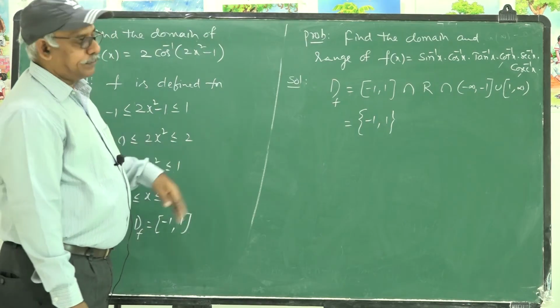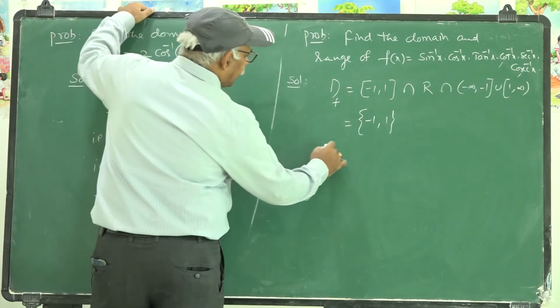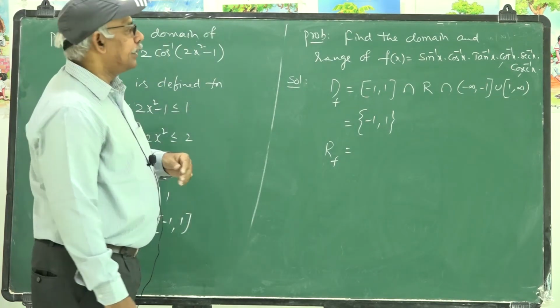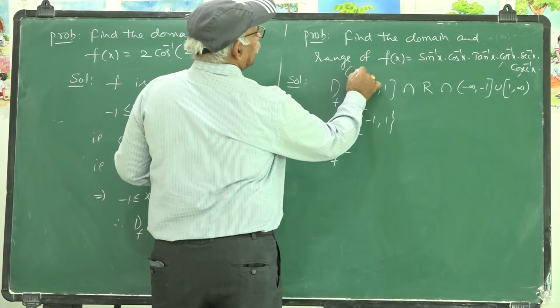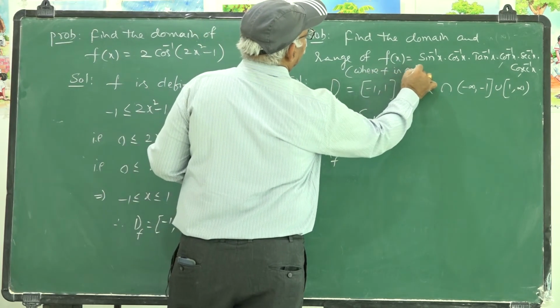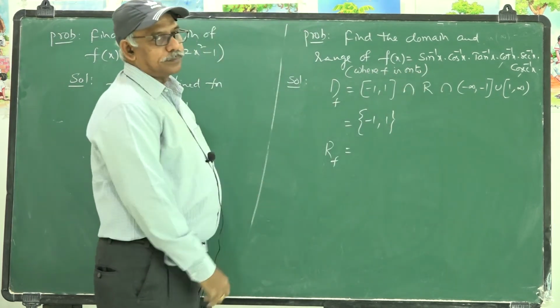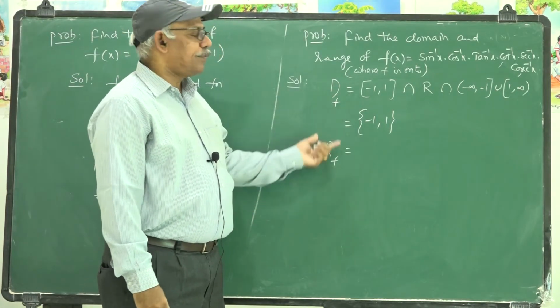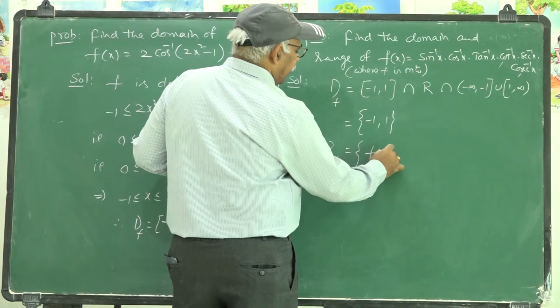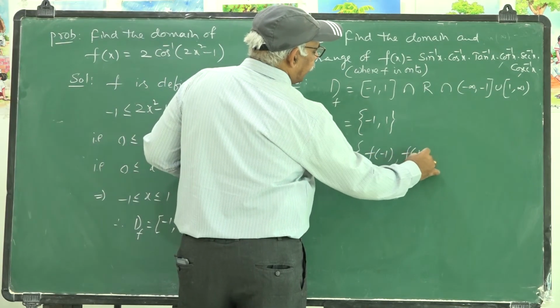Hence, the range. Now, range of f. The function is onto here, the condition is also given to us where f is onto mapping only. The range of the function f is given by f of minus 1 comma f of 1 itself.